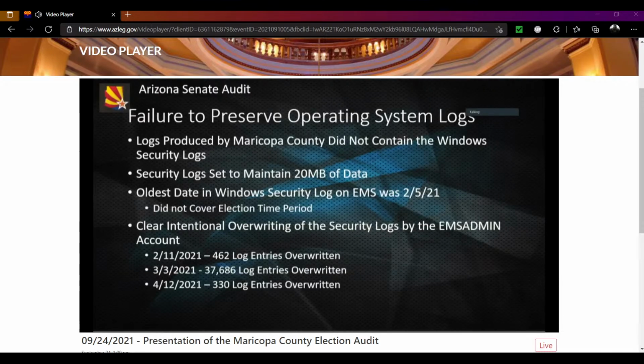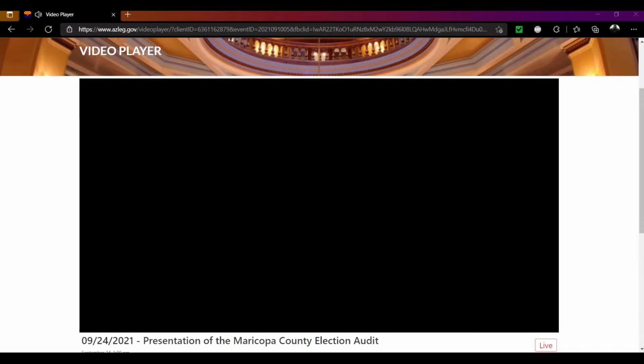Okay? So this script was run multiple times. On 2/11, 462 log entries were overwritten by this script. On the 3rd of March, 37,686 log entries were overwritten by this same script. On the 12th, which is the day before we received the system, there were 330 log entries overwritten by that script.